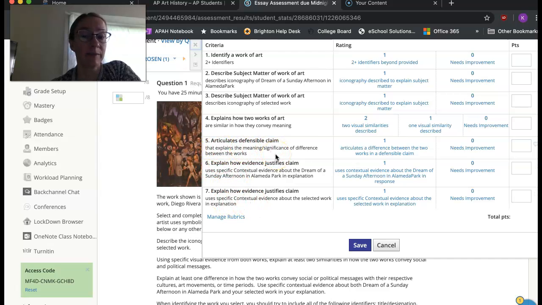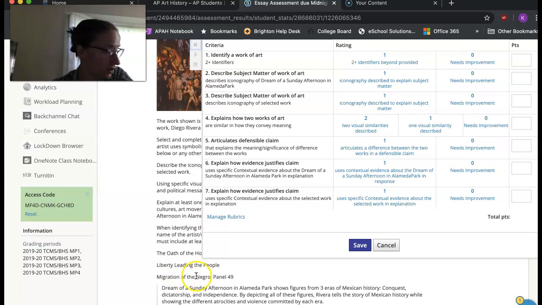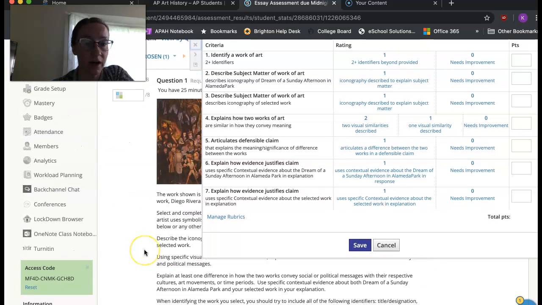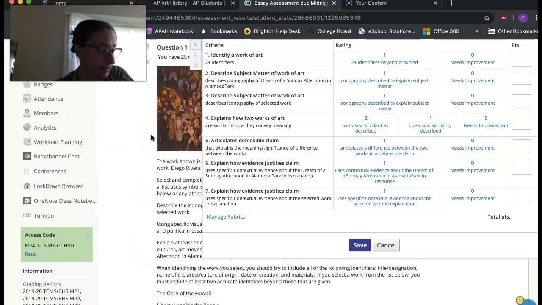So the first part, explaining a difference in how they convey a message, is articulating a defensible claim. So you are basically arguing a point that is an opinion a little bit. For instance, if I chose Jacob Lawrence's piece down here, and I also chose, obviously, Diego Rivera's piece, I could say that the depiction of Jacob Lawrence's piece is much more simplistic and empty and abstracted than Diego Rivera's work, which is much more complicated and full.